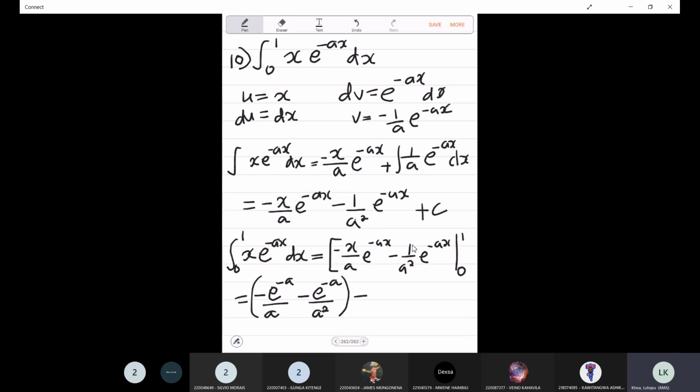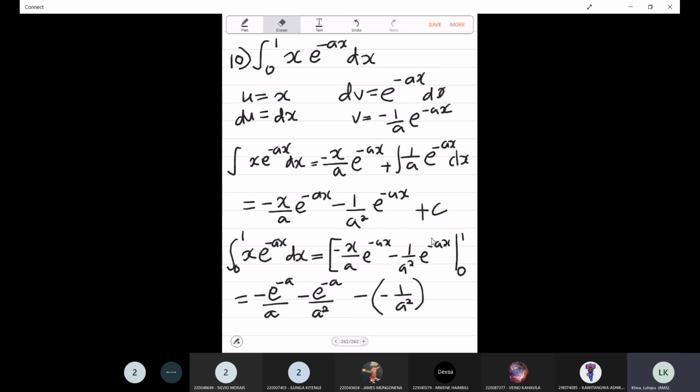And that's my first term. And then minus, when I substitute 0, this is just going to be 0 because it's 0 times something. And then e to the power of 0 is 1. So this is minus 1 over a squared, like that. Okay, so working this out, just because I don't have space, the answer is this.